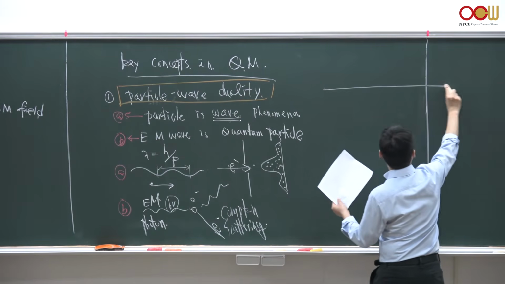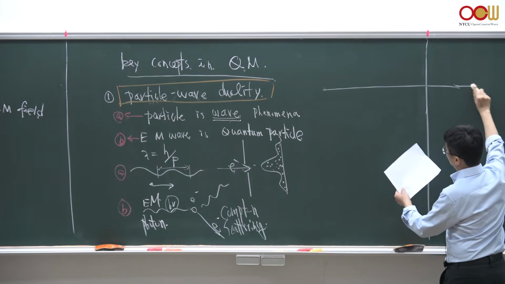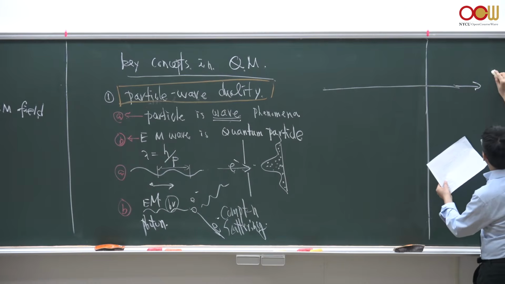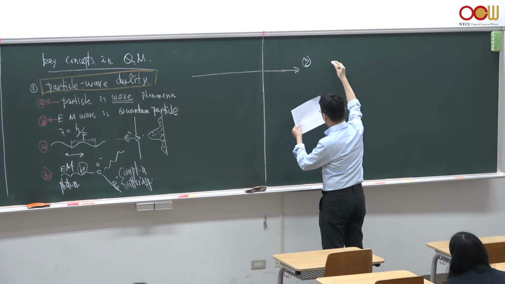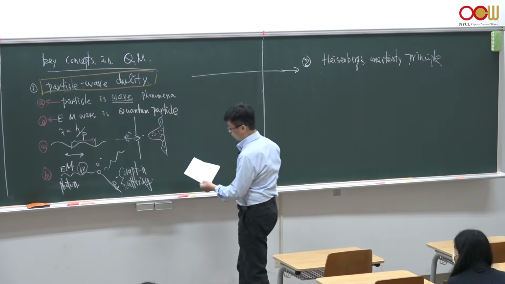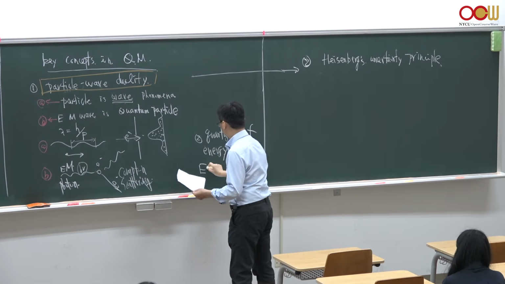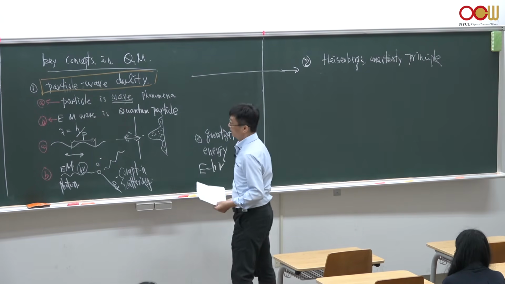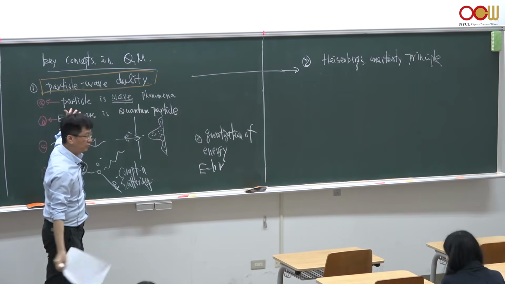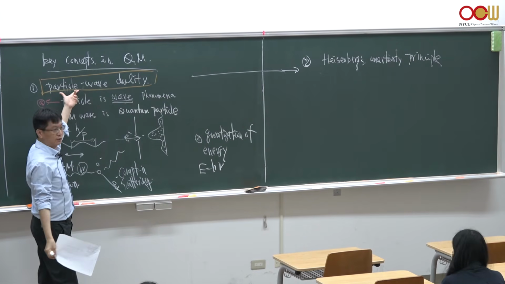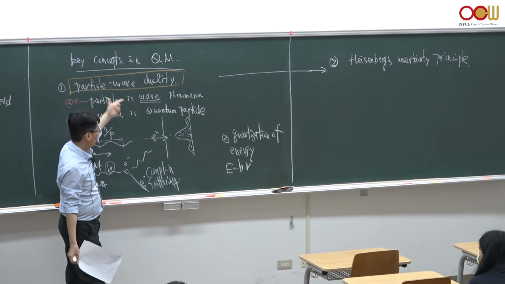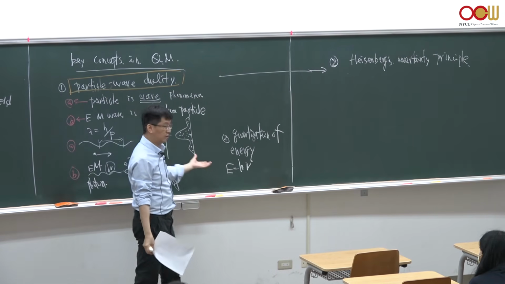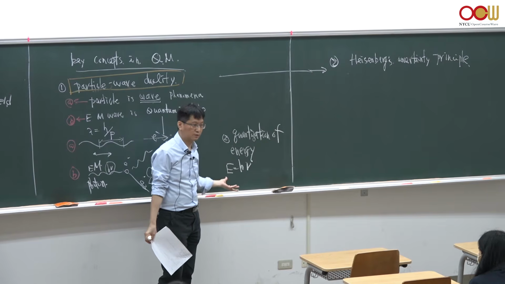But this is related to another very important concept called the Heisenberg uncertainty principle, and also the quantization of energy, because all quantum matter shows at least particle nature in this duality. So the energy of this quantum matter is always quantized.